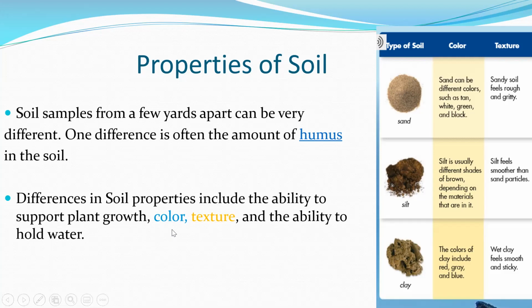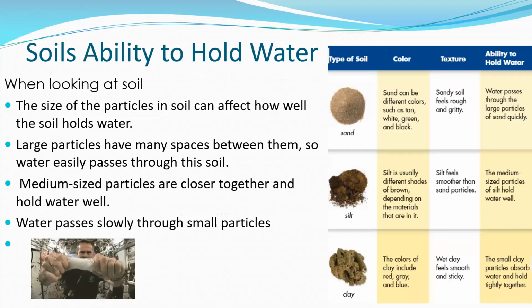So yesterday we talked about the color and texture of soil. We have sand, silt, and clay, and then they could be a couple of different colors. Today we're going to discuss the soil's ability to hold water.